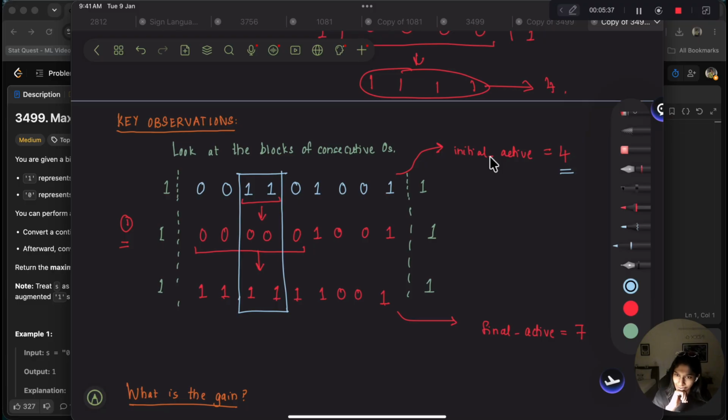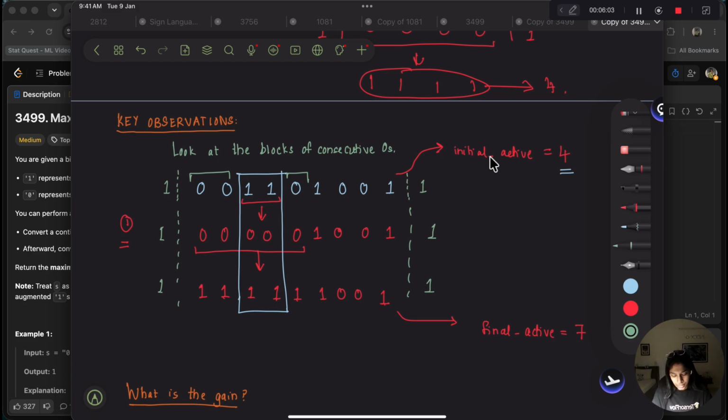So what is actually adding up? All right, so let's look at this. Look at this and then look at this. Those were the zeros which got converted to ones, which are an additional increment of ones to our final active ones, right?